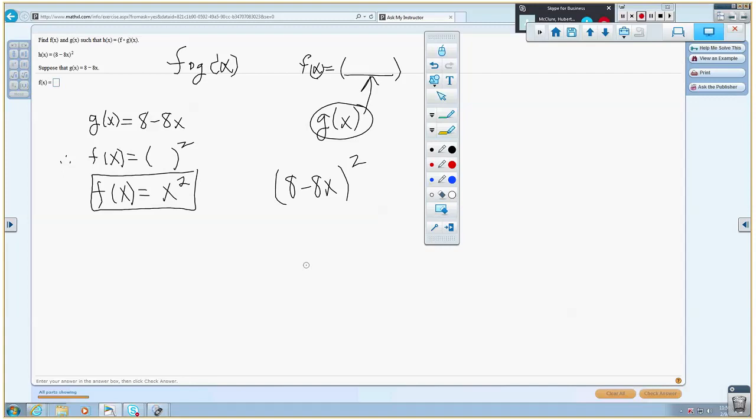Some people think that's so easy, it's complicated. And then other people think, golly, you got to go around the world to get the answer. Well, not really, because they give you the answer right here when they say G of X is equal to 8 minus 8x. Well, if G of X is equal to that, then F of X has to equal what?